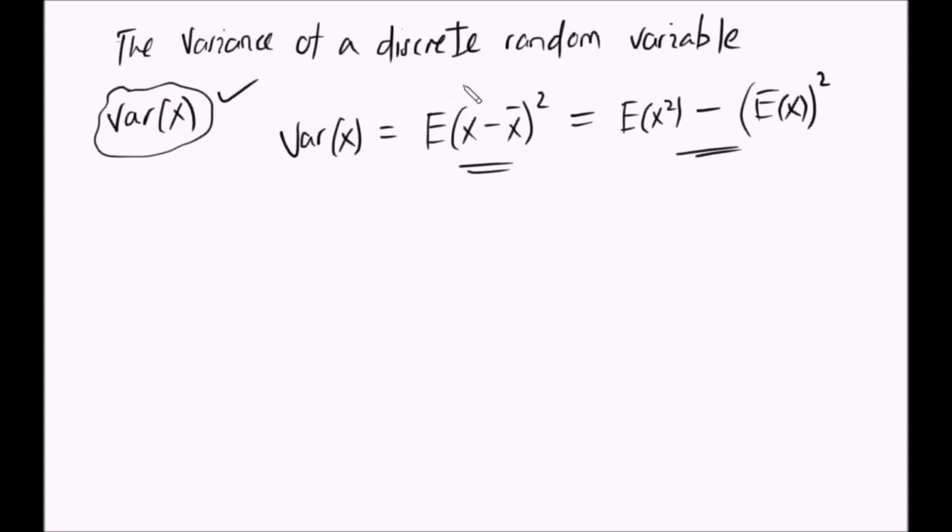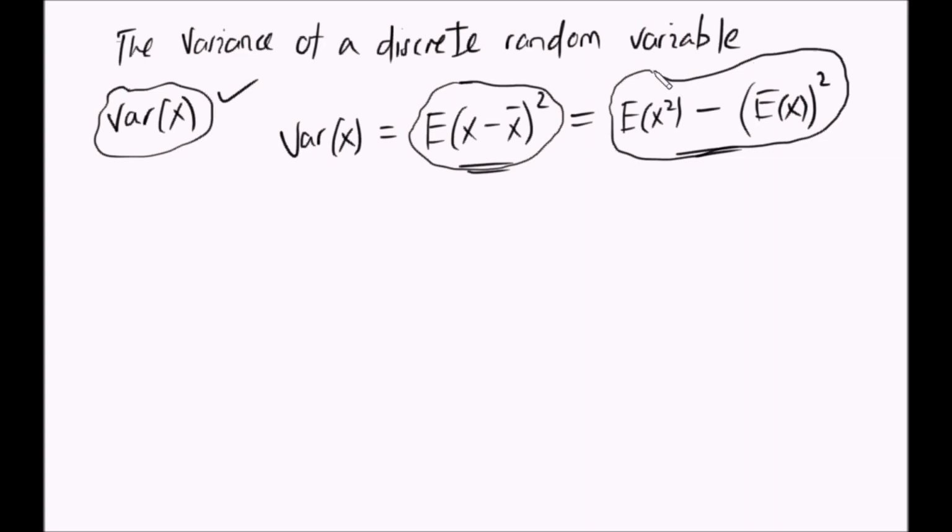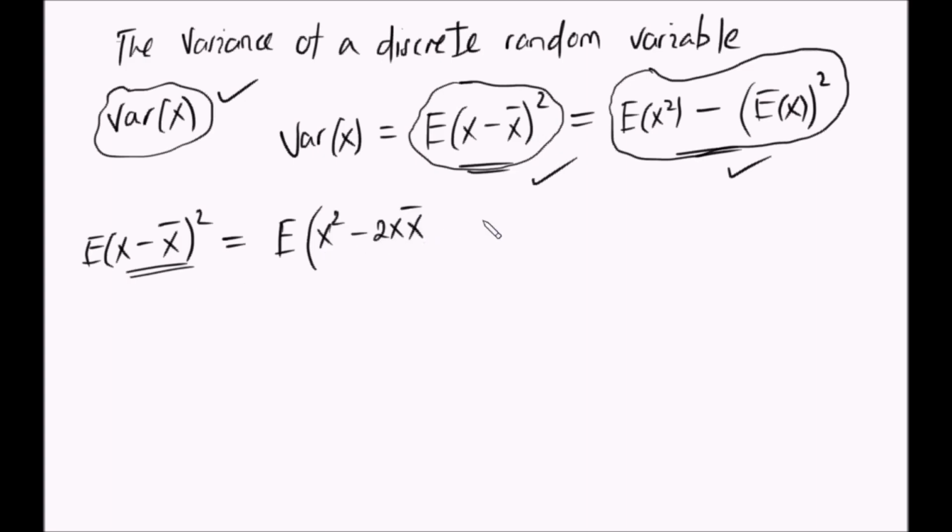So first things first, kwa nini hii na hii ni sawa? So in the previous tutorial tulisoma properties of expected mean, tusitumie kuonyesha kwamba hii na hii ni sawa. So tuanzie upande huu, expected mean of x minus huyu arithmetic mean square, si ndio? Hii ni sasa na expected mean, nikisquare huyu nitapata x squared minus 2x x bar plus x bar squared.